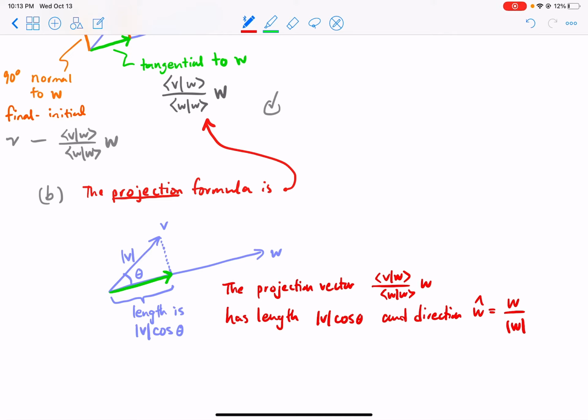So what does that mean? It means that down here somewhere is w hat. It has length 1. W hat has length 1.